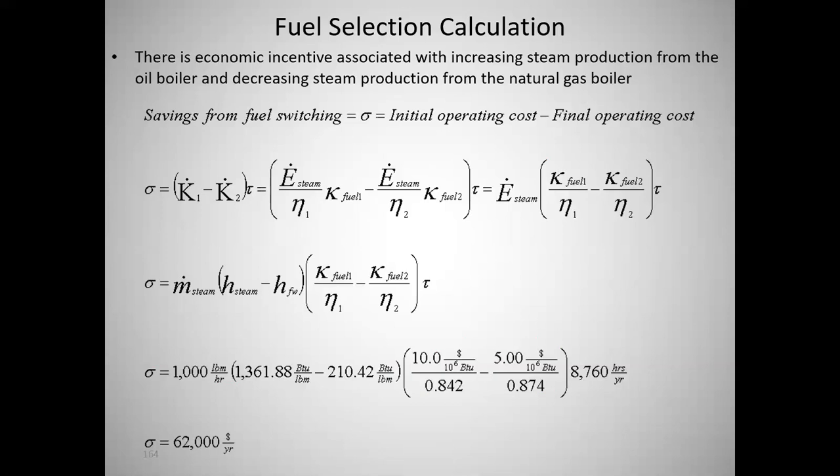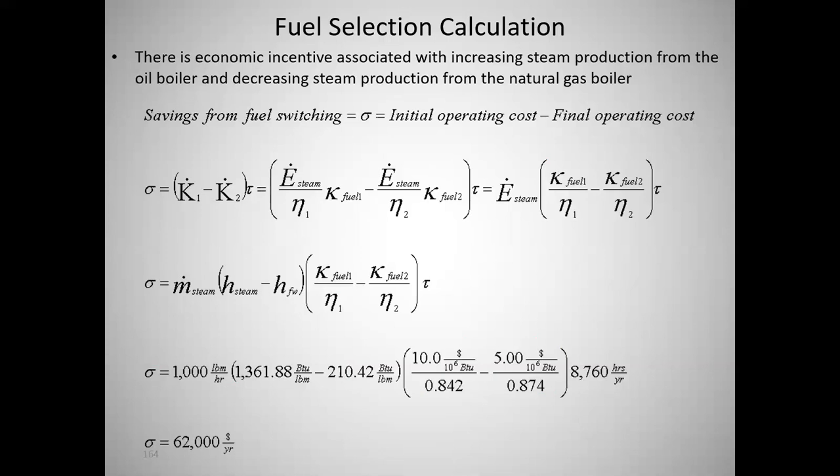And so we can substitute for the capital K the energy rate going into the steam, like BTUs per hour, that's appearing in the steam. Divide by the efficiency to get the amount of fuel, and then multiply by the cost of the fuel. You can do that for the natural gas and the fuel oil, times the time.